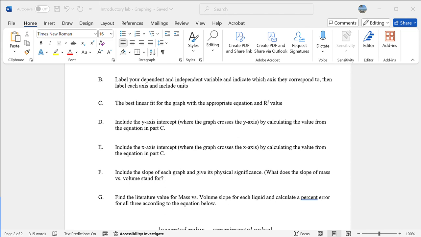So there it is, and it will show you how to find the trend line with the equation. You can also add a trend line in Excel with the equation and R squared value. And it will tell you everything you need to know.